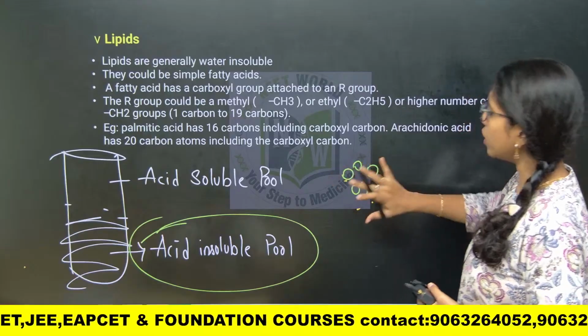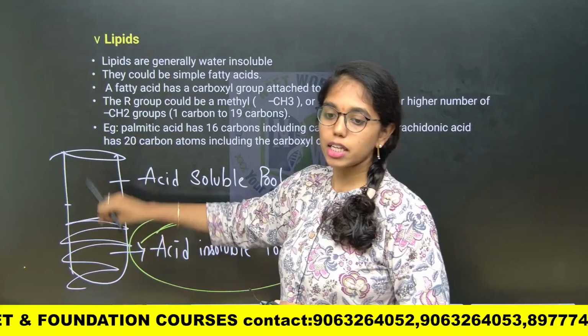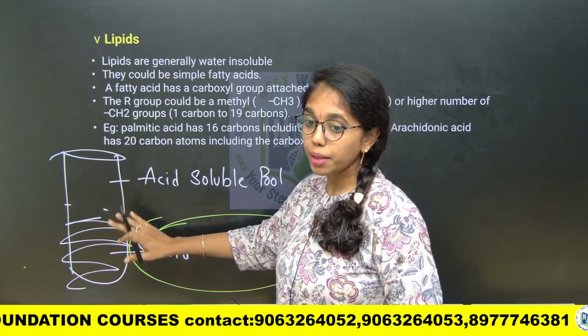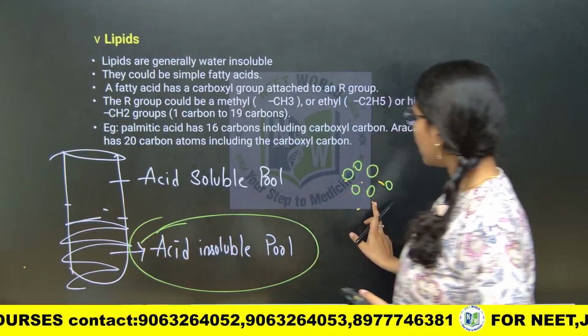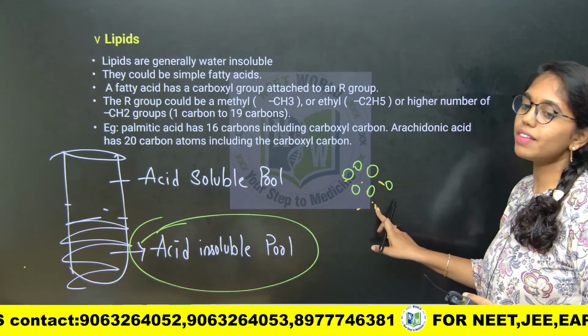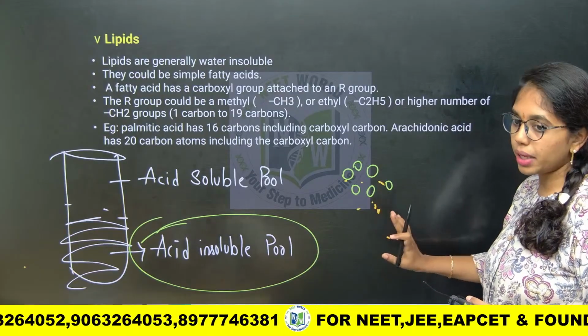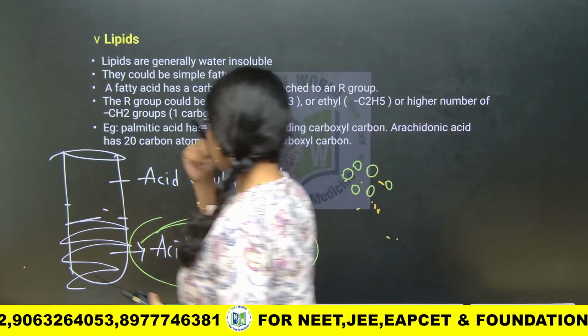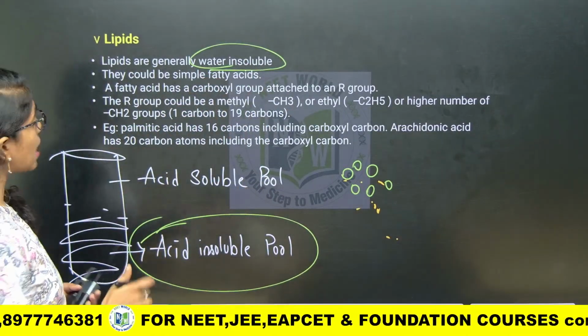So these vesicles, which are insoluble in water, land in the acid insoluble pool, but not because of their molecular weight. It is because of their water insolubility and the vesicle formation, because of cell membrane lysis. Remember that, beta. Next, lipids are generally water insoluble, and lipids are of many types.